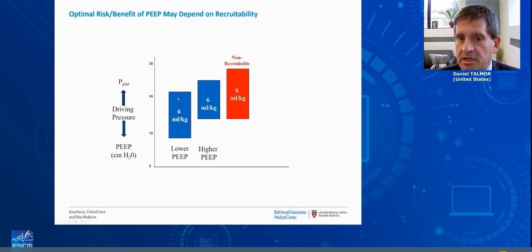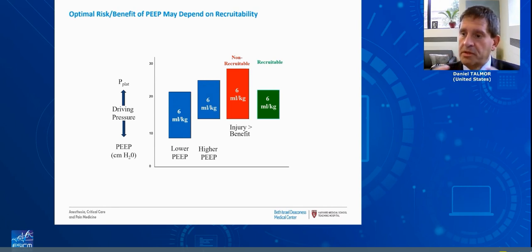And in these non-recruitable patients, the injury from higher PEEP outweighs the benefit. On the other hand, in recruitable patients, when we increase their PEEP, we open the lung, and even though the PEEP level is higher, the driving pressure may actually stay the same or even come down. So these are patients who were recruited using higher PEEP, and the benefit there outweighs the injury.